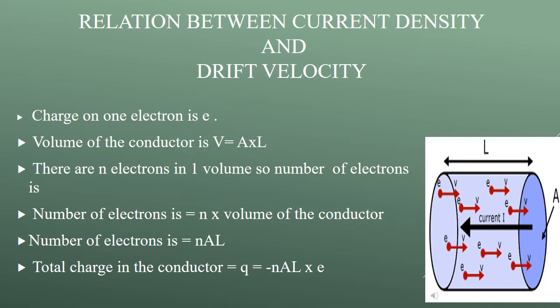So the number of electrons in the conductor is equal to nAL. So how much is the charge on these particles? The total charge in the conductor is Q equals minus nAL into e, where e is the charge on one electron.